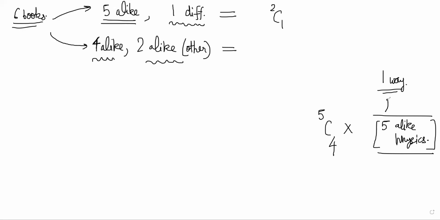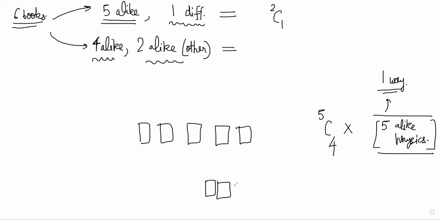Physics books are not different from each other. You just pick 4. It's not 5C4 ways, where they would have been different. But there are maths books also, there are 4. So you could do either 4 physics books or 4 maths books. So this part can be done in 2 ways.